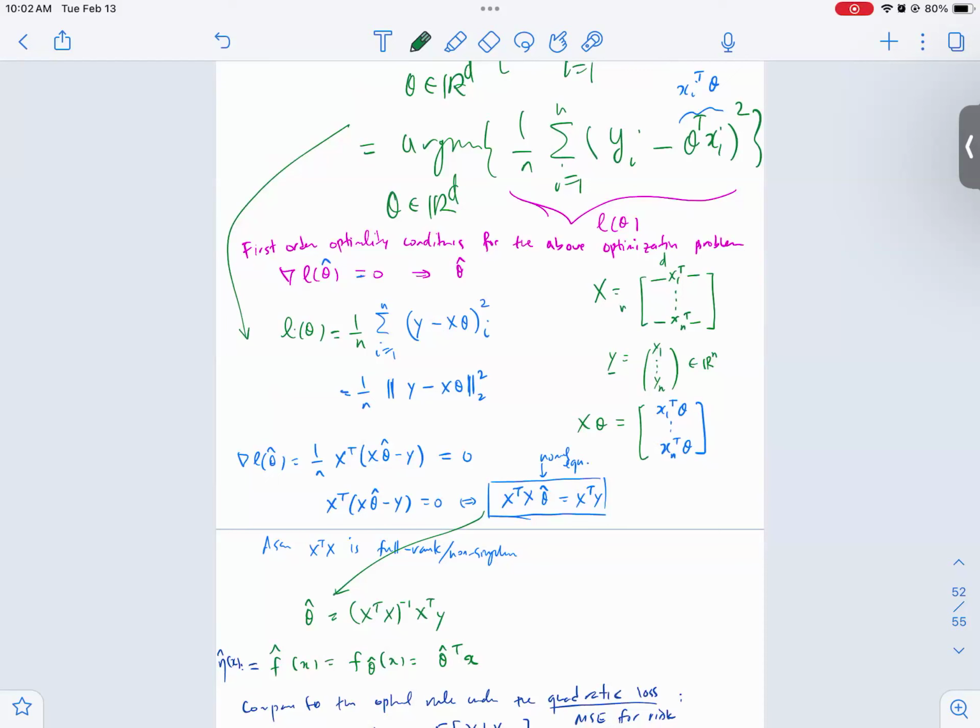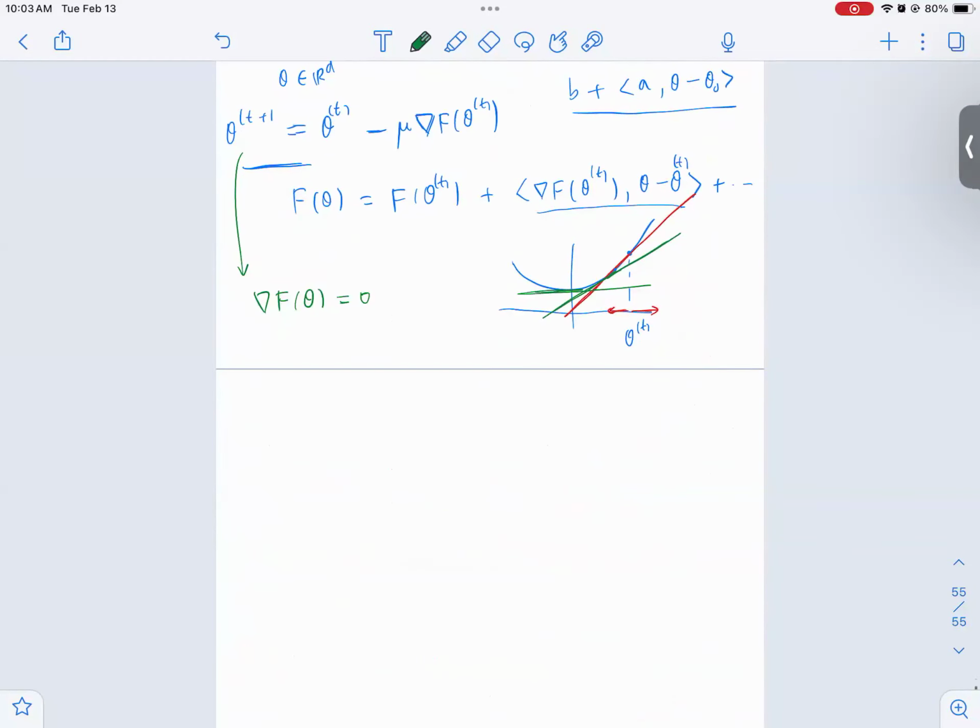For a regression problem, f of theta is 1 over n, summation i from 1 to n, of y_i minus x_i transpose theta, squared, which is also 1 over n times the norm of y minus X theta squared.